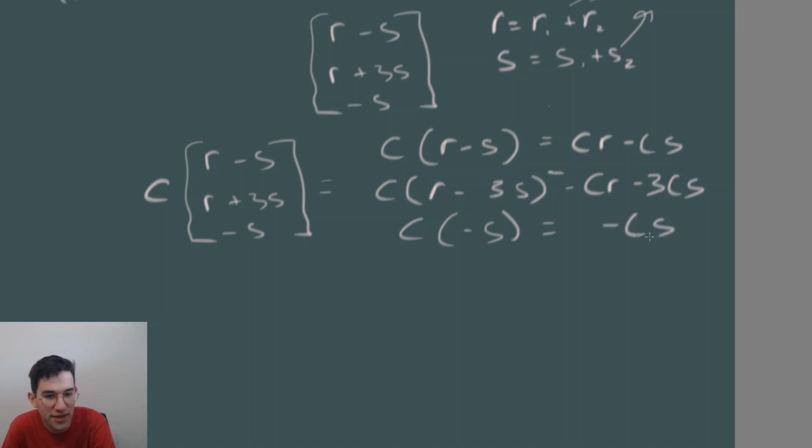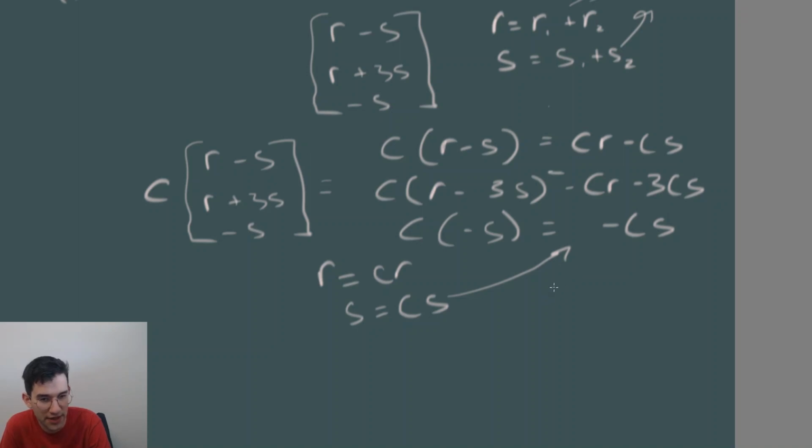And if we set R equal to CR, we set S equal to CS, we can tell when we plug those in, we're going to get R equals CR, because this is just a real number.